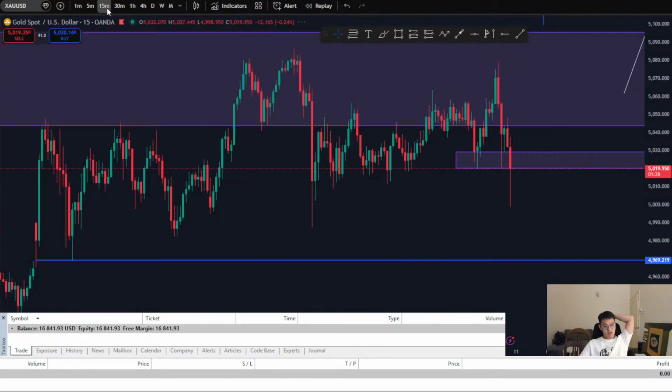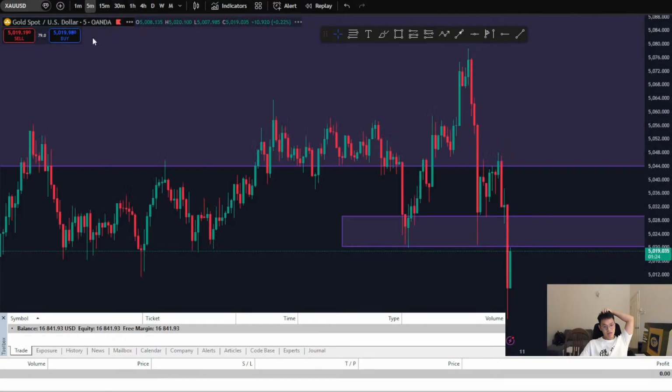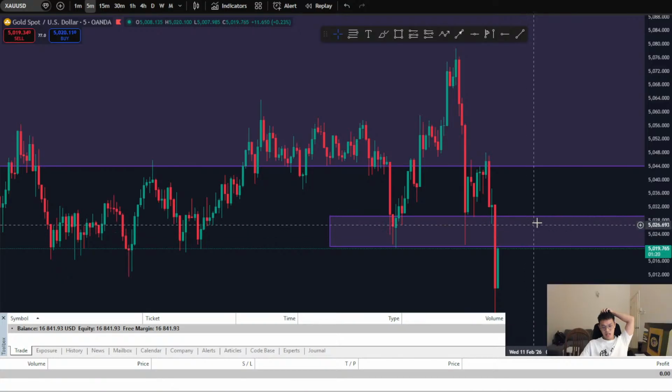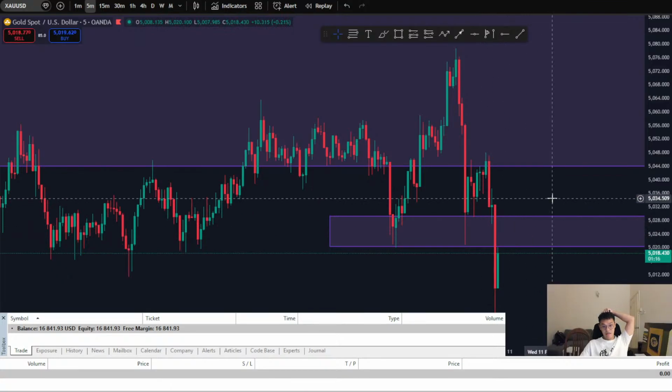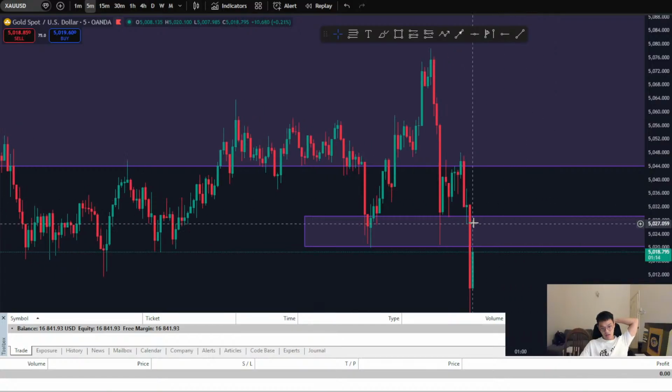On the 5-minute chart, what I want to see is that the price cannot break this resistance level, because this support has already broken.